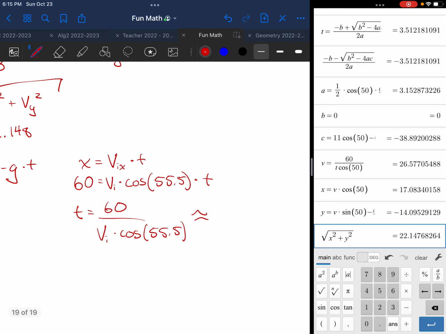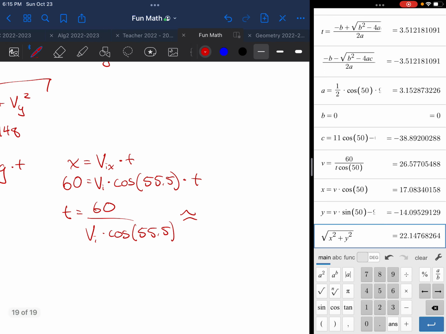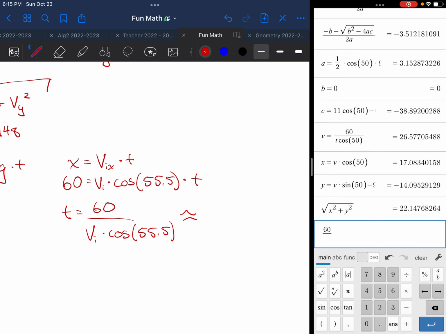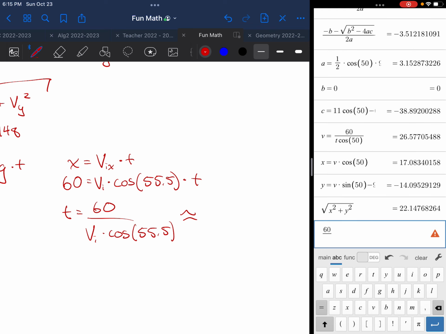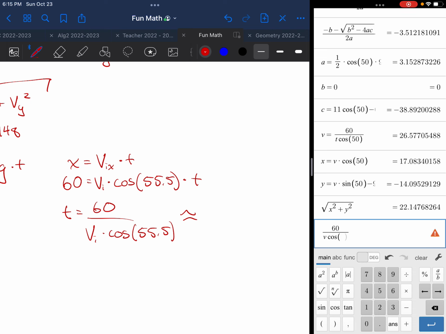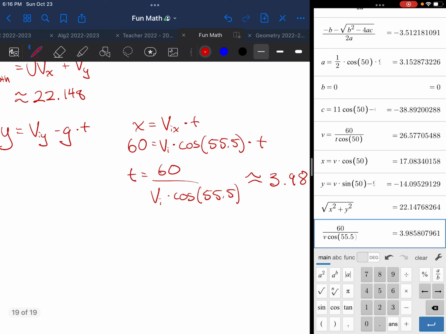So I'm going to say 60 divided by that initial velocity, did I call that V? I hope I did. V seems to be working, times cosine of 55.5. So our new time is almost 4 seconds. It's 3.986 seconds.